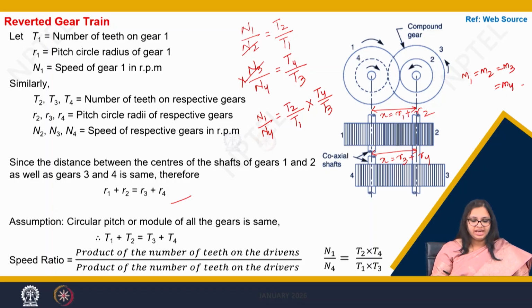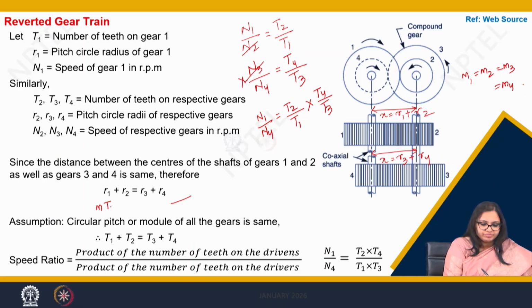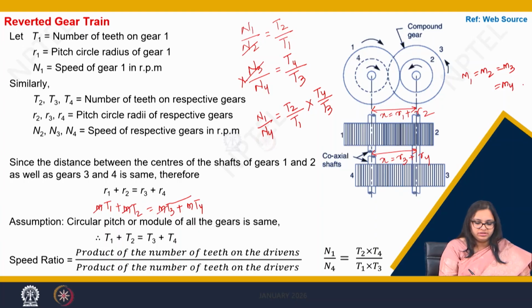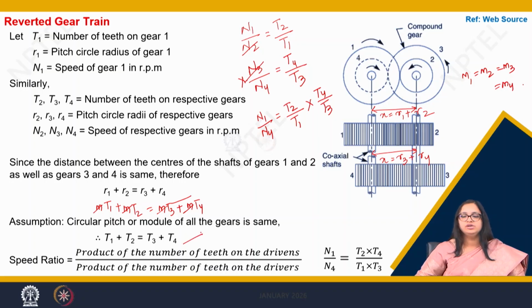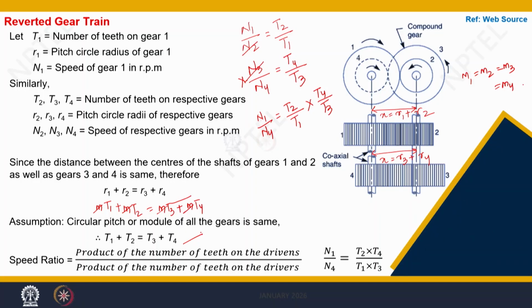So directly I can write this relation as M T1 plus M T2 is equal to M T3 plus M T4. Now when I cancel M from both the sides, I get a relation of T1 plus T2 is equal to T3 plus T4, which is a relation that we obtain in reverted gear trains.